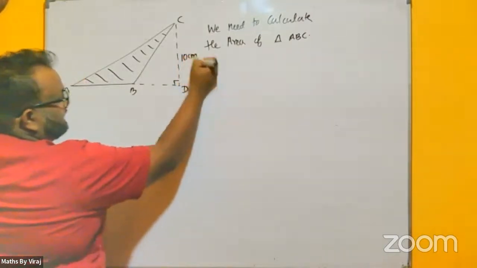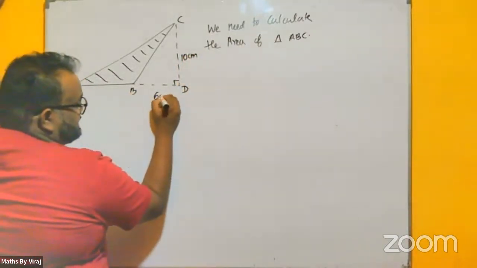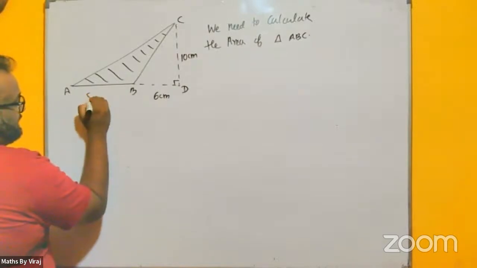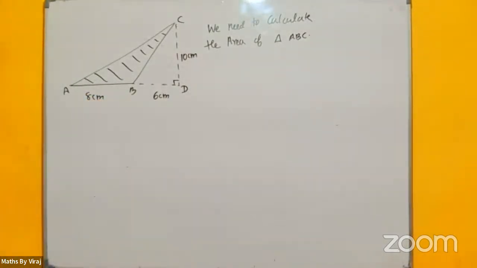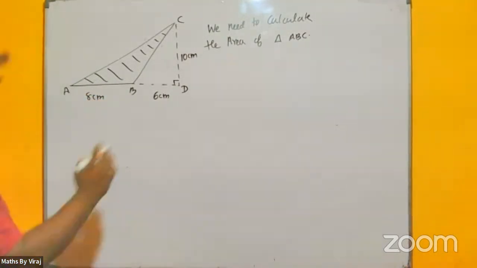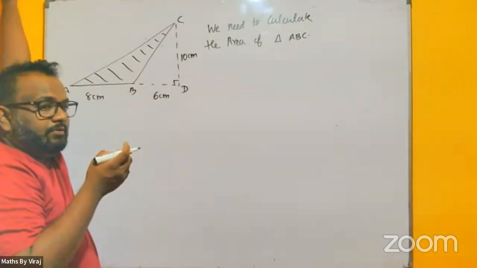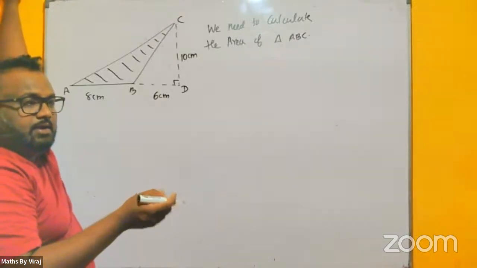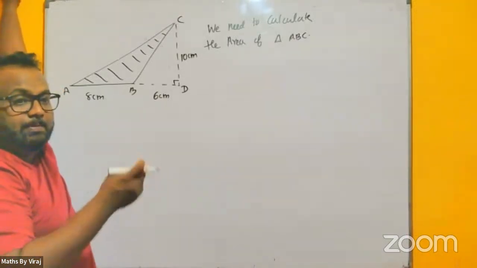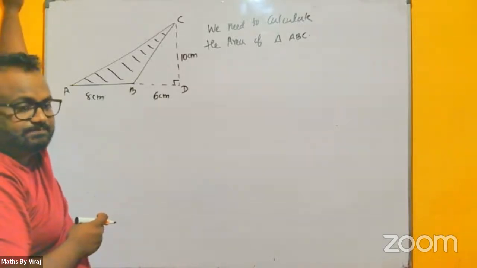CD is 10 centimeters, BD is 6 centimeters, AB is 8 centimeters. So I told you that for us to find the area, the base and the height should be perpendicular to each other.